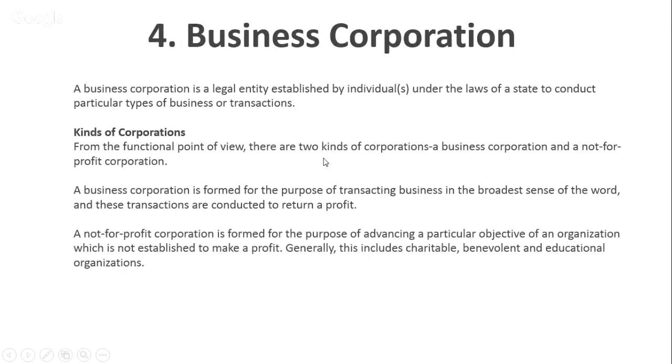A business corporation is a legal entity established by individuals under the law.